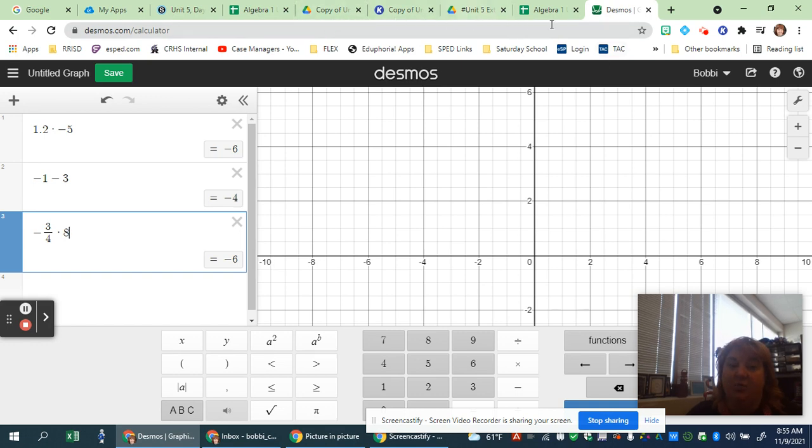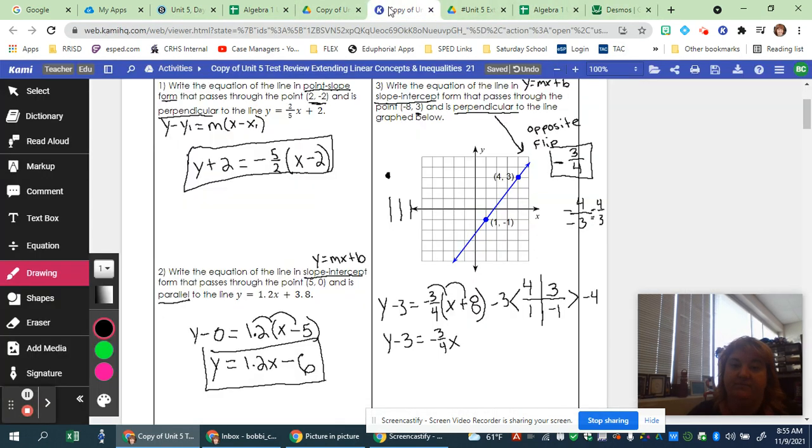So now I can go right back over here and put -6. Now I need to get the y alone. So I'm going to plus 3. Y equals -3/4 x minus 3.